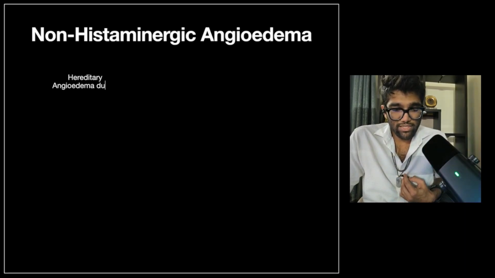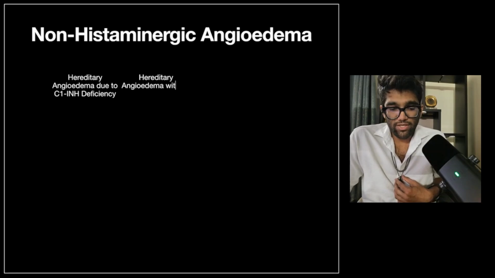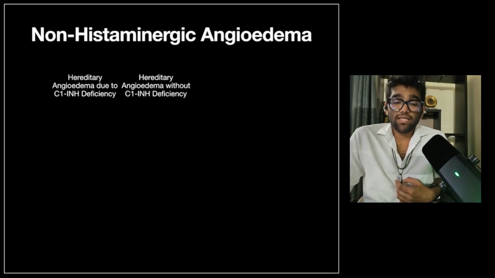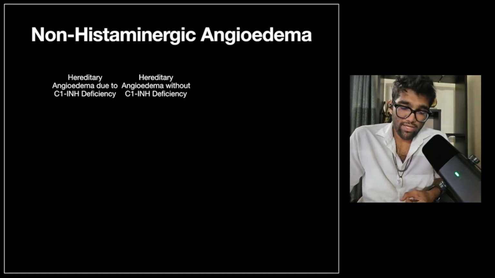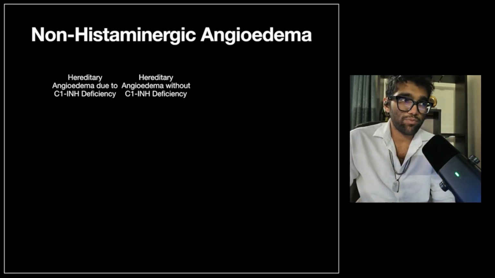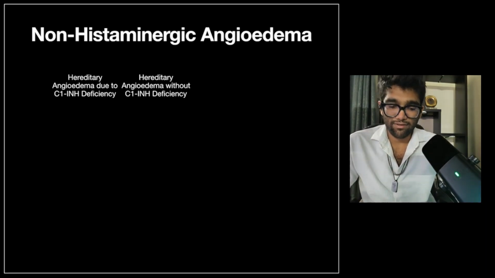Now, going into the details of the different types of non-histaminergic angioedema, we have hereditary angioedema due to deficiency of C1-INH, or C1 inhibitor. C1 inhibitor is an inhibitor of the classical complement pathway, and additionally, it also inhibits the proteins that activate bradykinin.